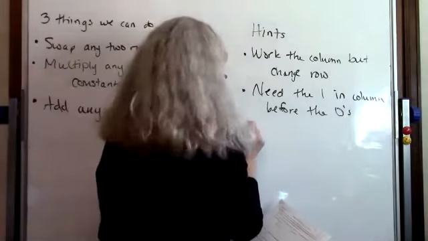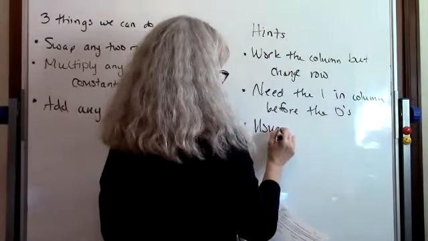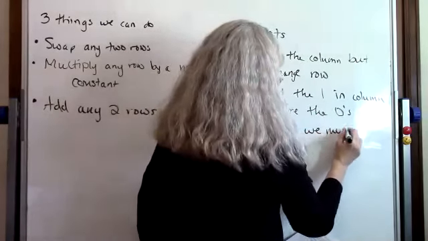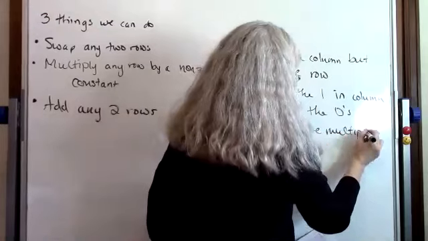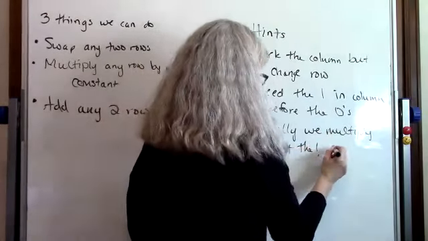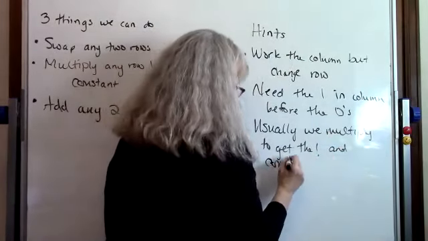And the last thing we're going to say is we usually, 98% of the time, multiply to get the 1 and combine rows to get the zeros.